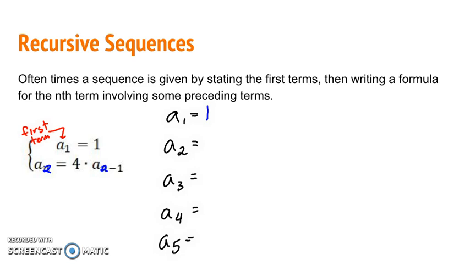So I've got a sub 2 equals 4 times a sub 2 minus 1. Well, 2 minus 1 is 1, so I've really got 4 times a sub 1. Well, what was a sub 1? We need to look back, and I can see that a sub 1 was 1. So I'm going to take 4 times 1. I took my 1 and plugged it into my formula. When I take 4 times 1, that gives me 4.